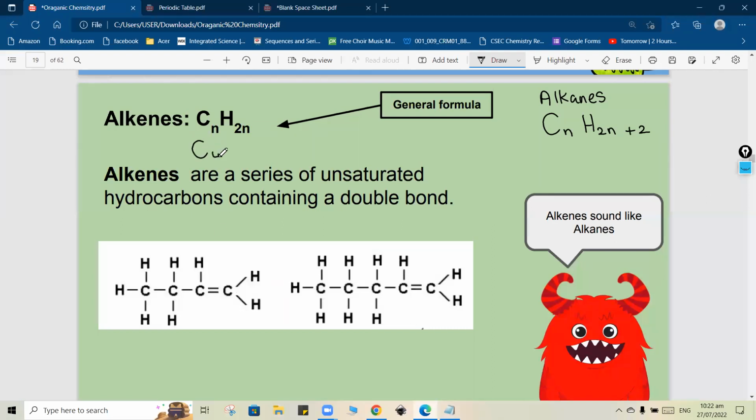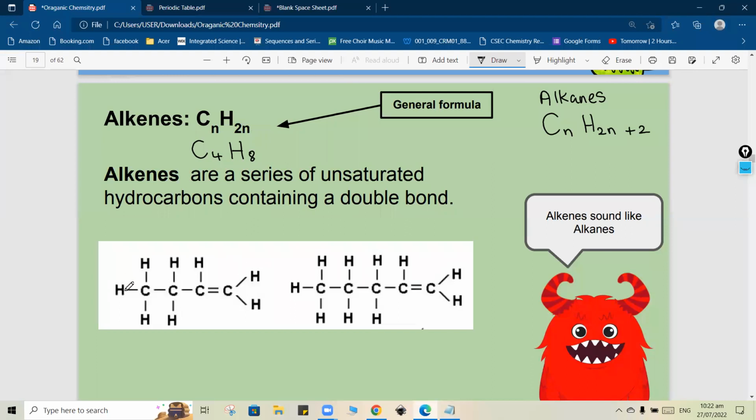I want you all to use the formula to calculate the amount of hydrogens. We pretend the letter N is 4. If it has 4 carbons, the letter N is replaced by the number 4. How many hydrogens will it have? Obviously 8, right? 2 multiplied by 4 is 8.